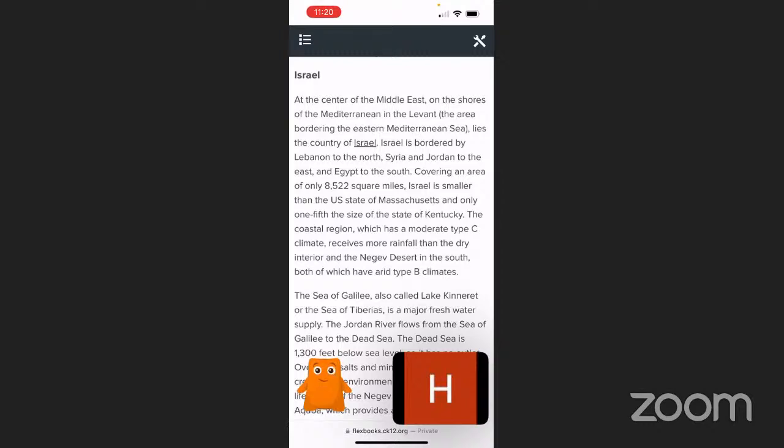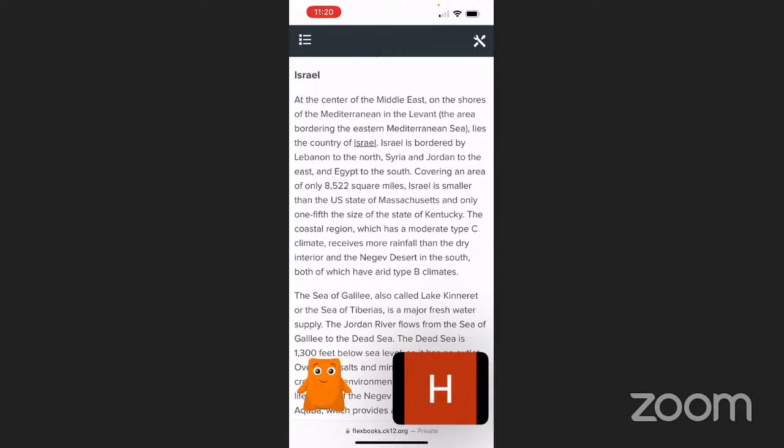Israel is bordered by Lebanon to the north, Syria, Jordan to the east, and Egypt to the south, covering an area of only 8,522 square miles. Israel is smaller than the U.S. state of Massachusetts and only one-fifth the size of the state of Kentucky.